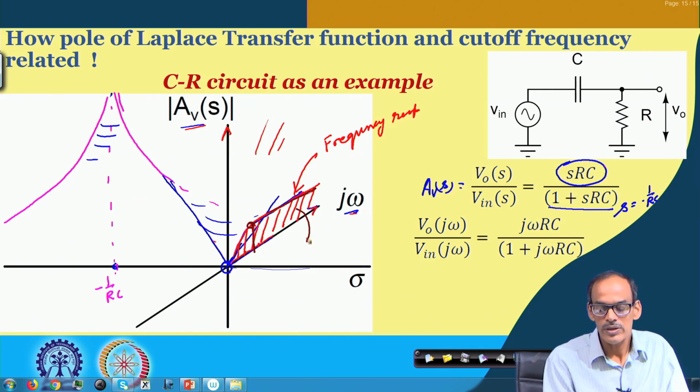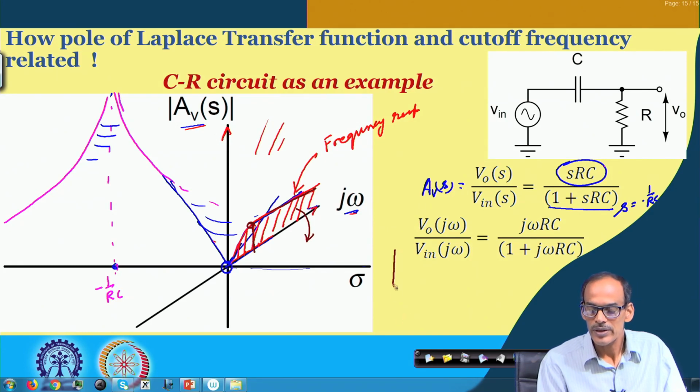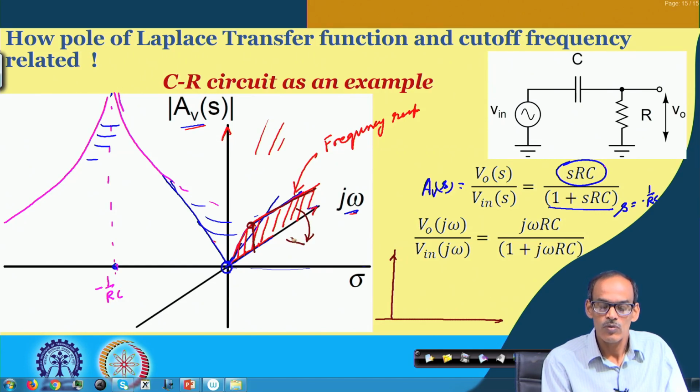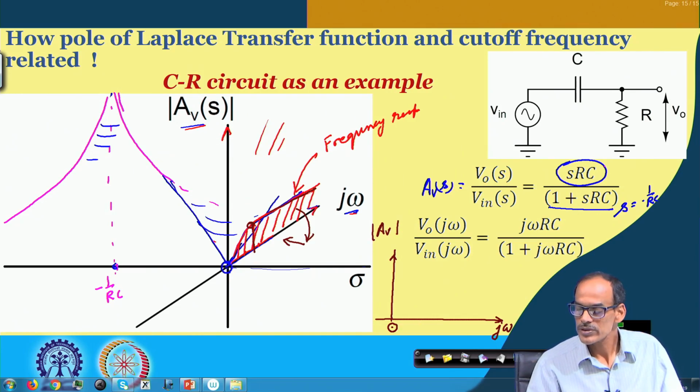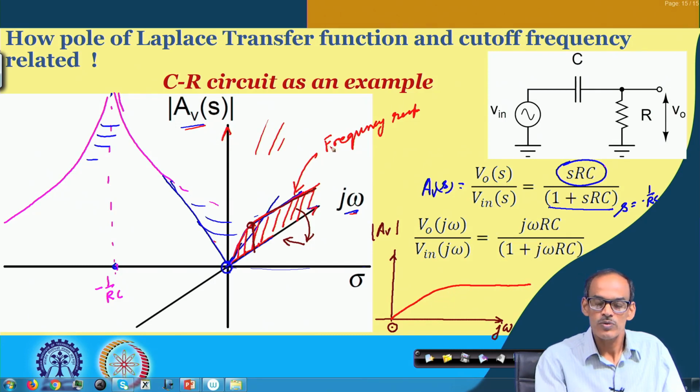If I turn this curve and see in this direction, this is the j omega axis, and this is the sigma axis, which is coming out of the surface. And this is the AV magnitude. What we are trying to explain here is having a plot like this. So, this is the frequency response.